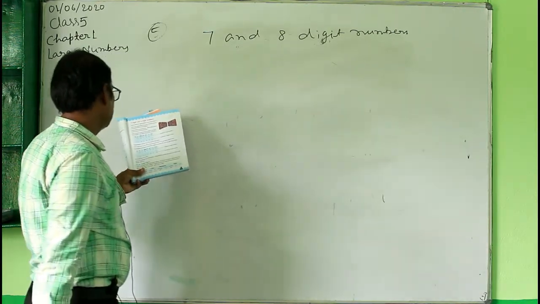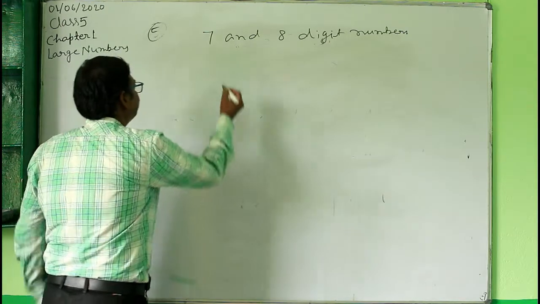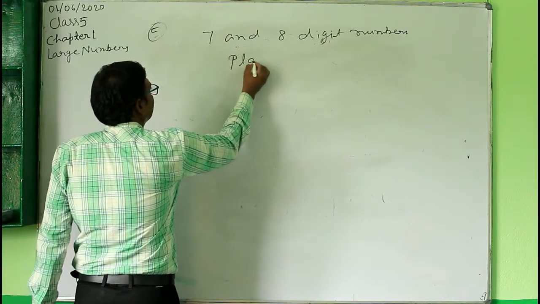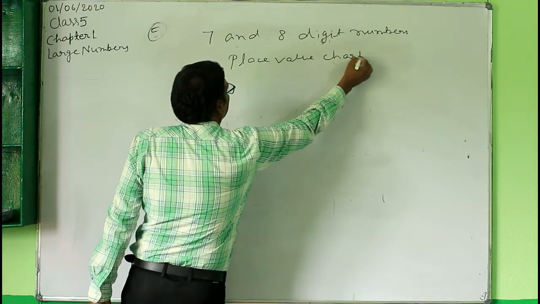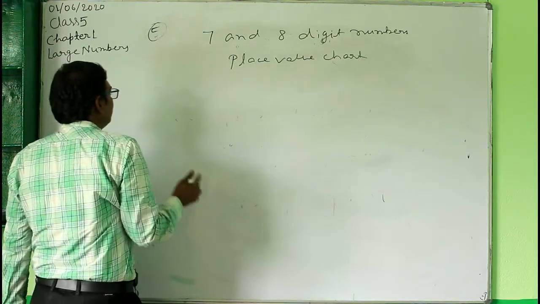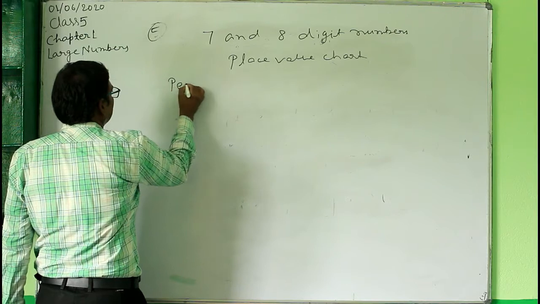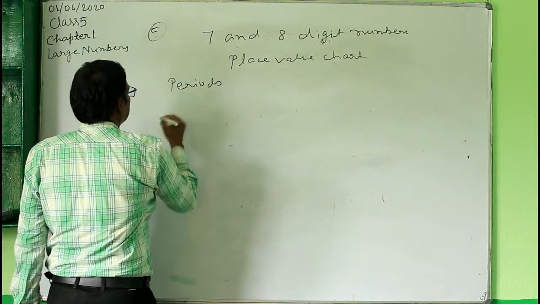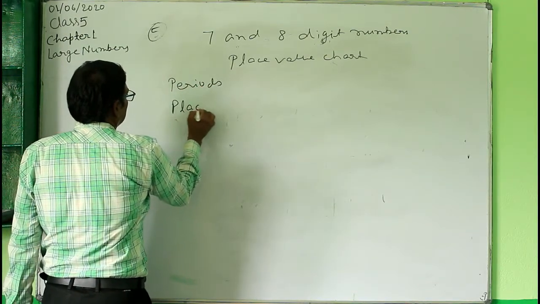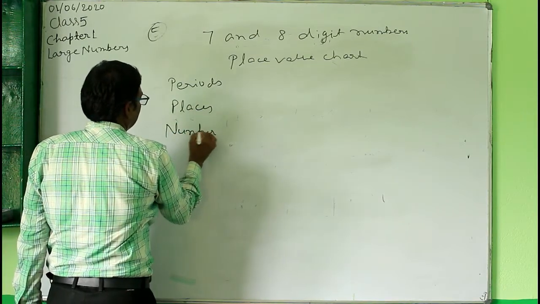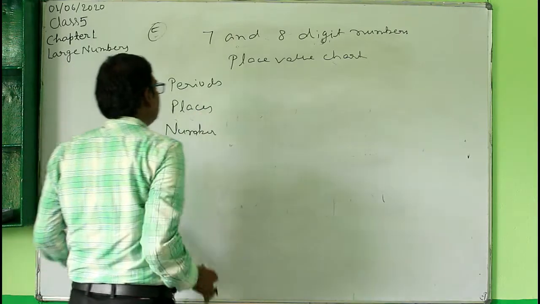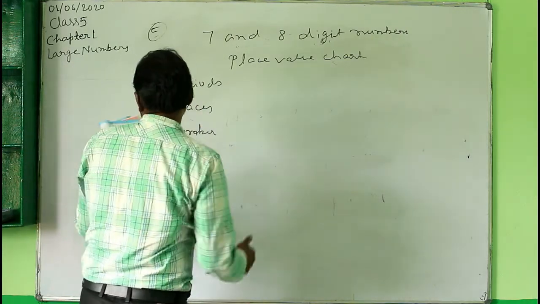So first in this we will study the place value chart. First we will write the periods, then places, then the number.